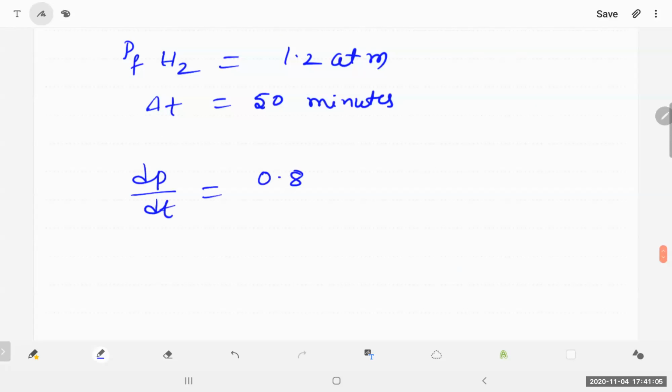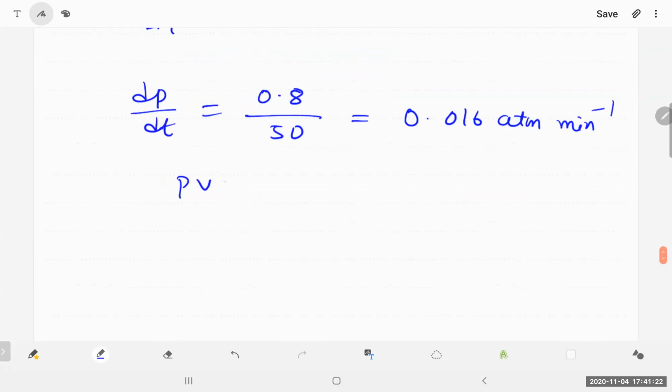Then dP by dt is 0.8 by 50, that is equal to 0.016 atmosphere per minute. Then you know the equation PV is equal to nRT. Then P by RT is equal to n by V, that is equal to molarity.